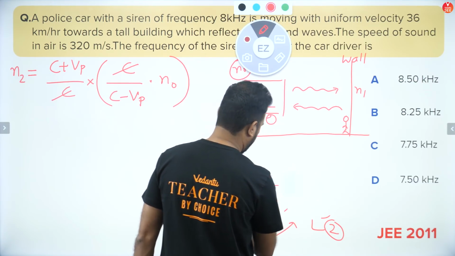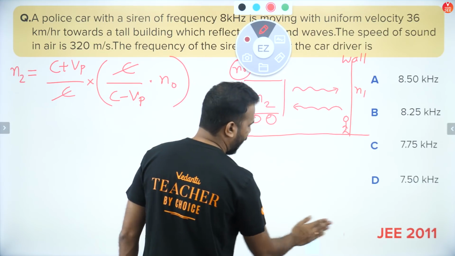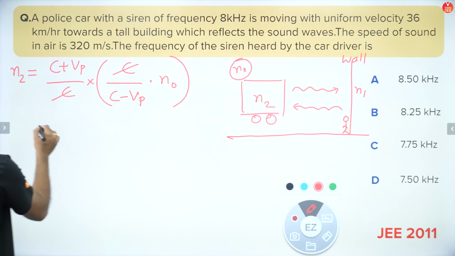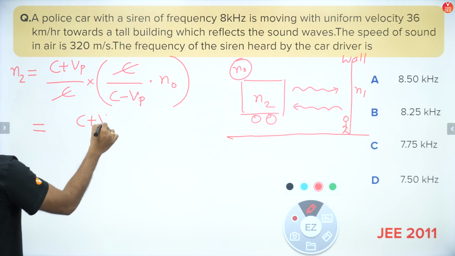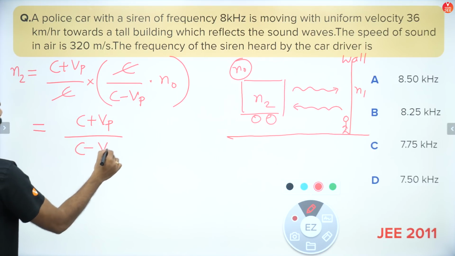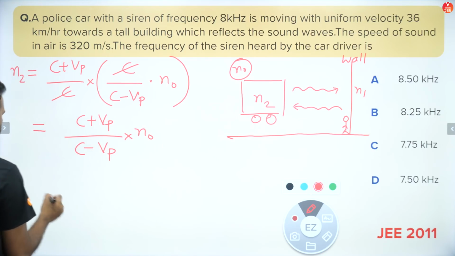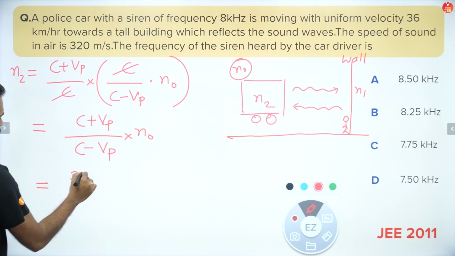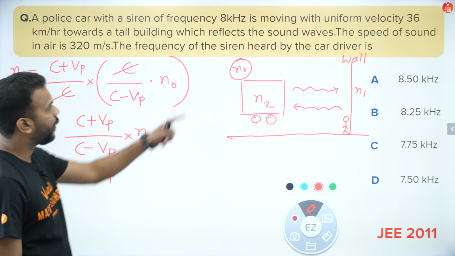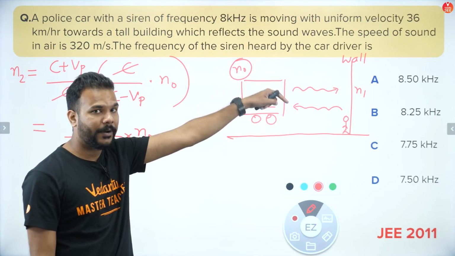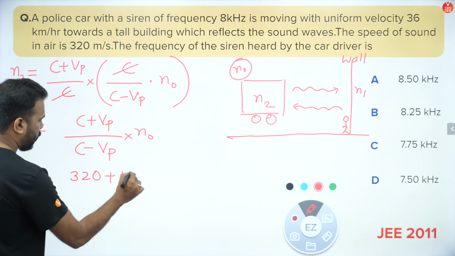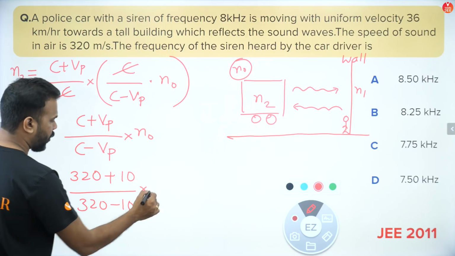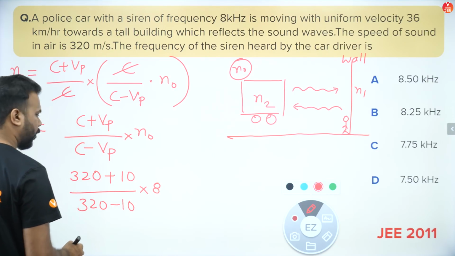So now what we are left with is only the numerical values to be put here. So let's do that. We have the final formula as (C plus Vp) divided by (C minus Vp) into N0. The velocity of sound is C, that is 320, plus 36 km per hour. When you multiply it by 5 by 18, you get the value as 10. So this is 320 plus 10, this is 320 minus 10, and the frequency originally produced was 8 kilohertz.